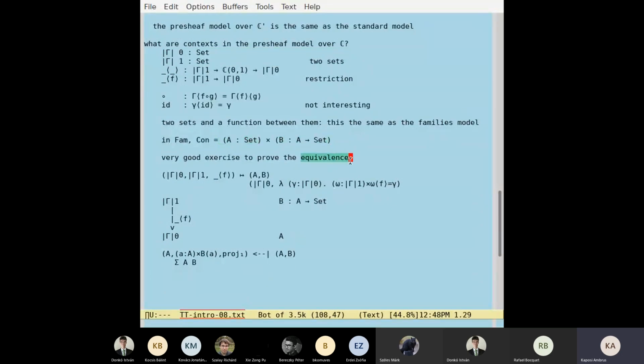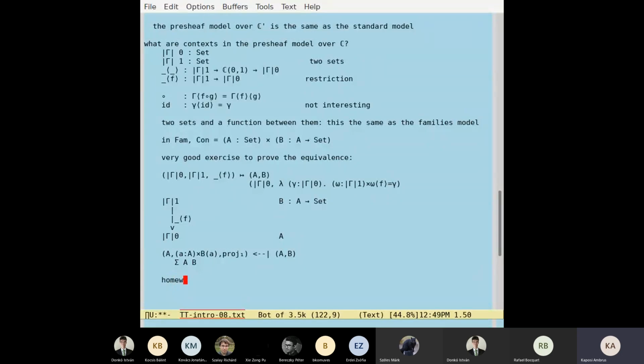To show that this is a so-called equivalence, you need to show that if you start with an A and a B, go here and then come back, you have an isomorphic set. And if you start with this, go here and then go back, you again get an isomorphic object. Okay, so I leave this for homework.